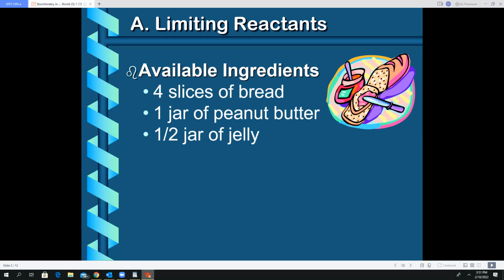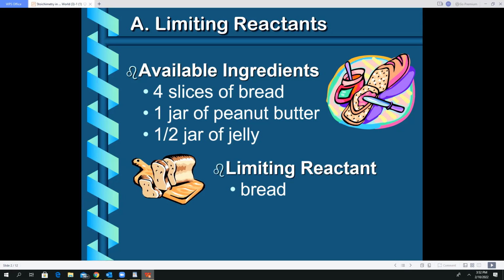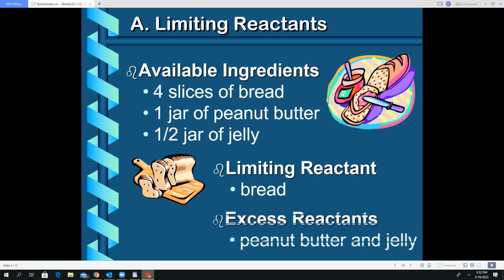So that bread limited the amount of sandwiches that you can make. Since that's the limiting reagent, right? Because that's the one ingredient that you ran out of. That's all that is. That's what this concept's about. And these are your X's, because you have more of them than you needed based on what you had available of the other stuff.